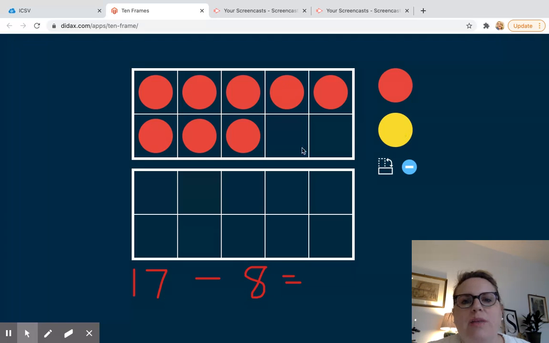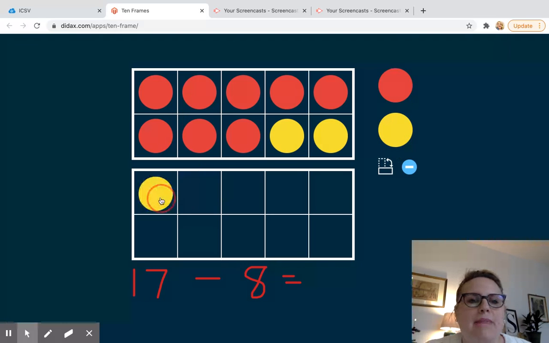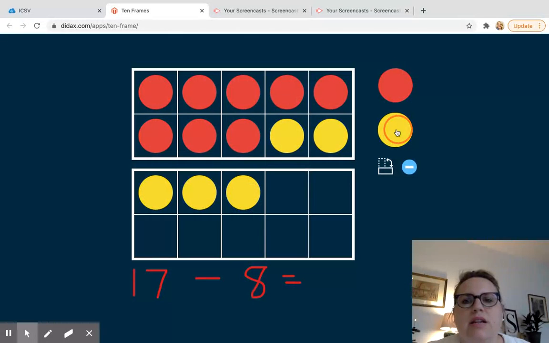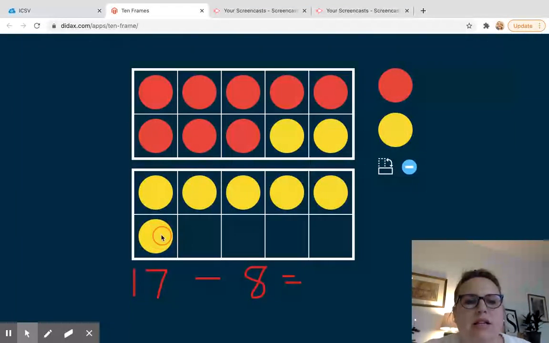Okay, y'all help me. This was 8, 9, 10. I made 10. 11, 12, 13, 14, 15, 16, 17. Okay, so I had 8 red counters, and then I added on yellow counters until I got to 17.